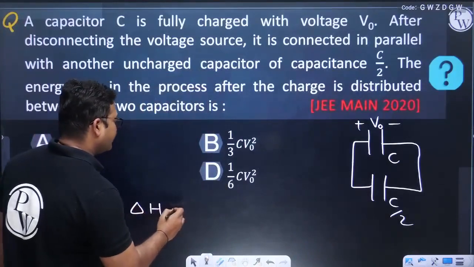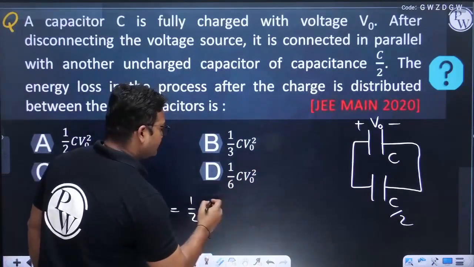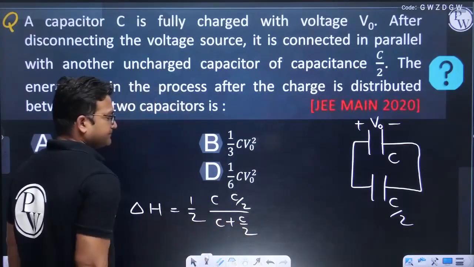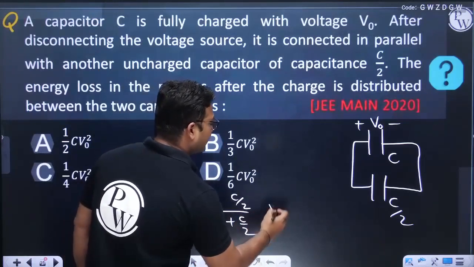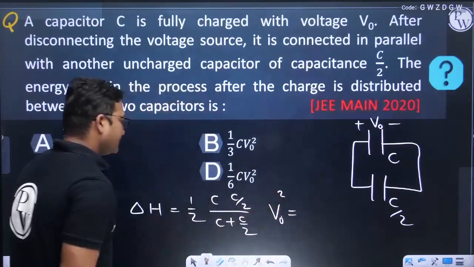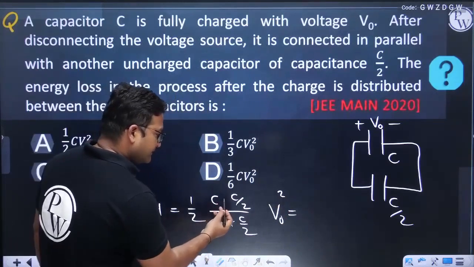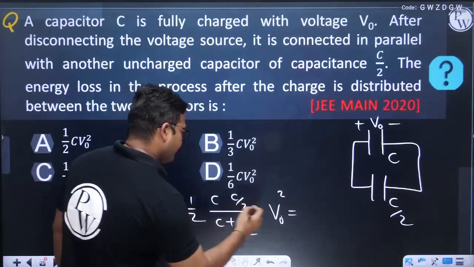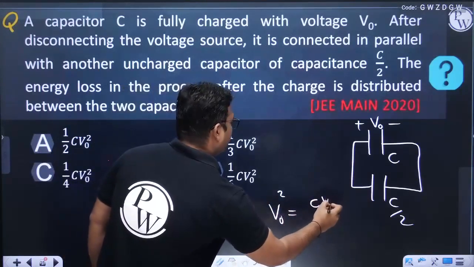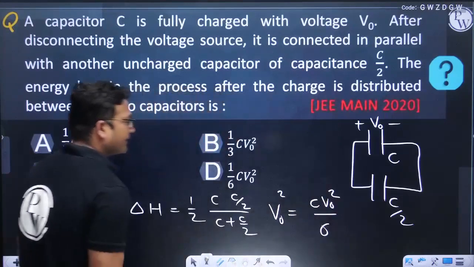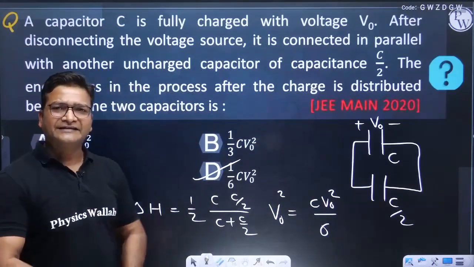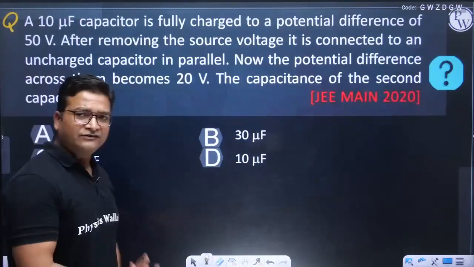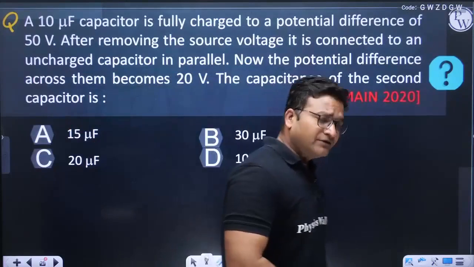The energy loss is equal to half C1 C2, C by 2 upon C plus C by 2, multiplied by relative potential, that is V naught square. So the answer would be C by 2 upon 3C by 2, so we have CV naught square by 6. And the correct answer is D. It is exactly identical to the last problem. Next question. I think you all can calculate it yourself.